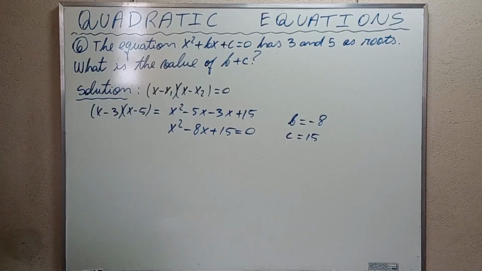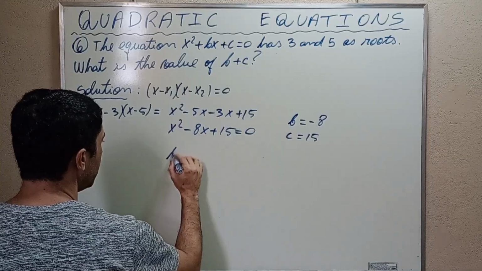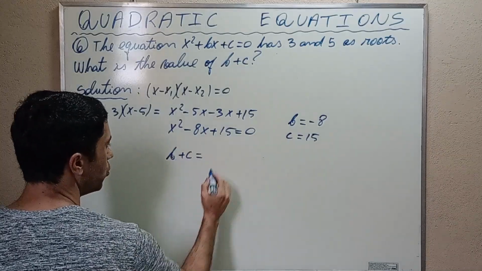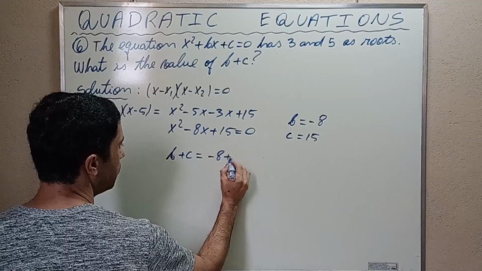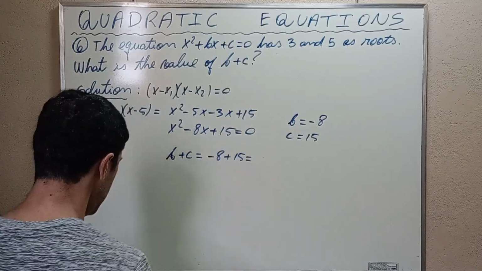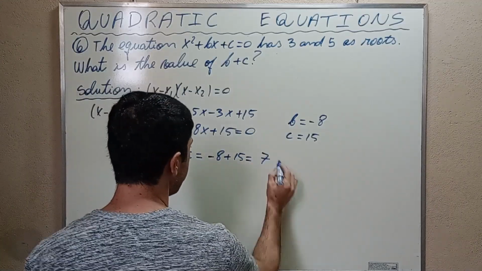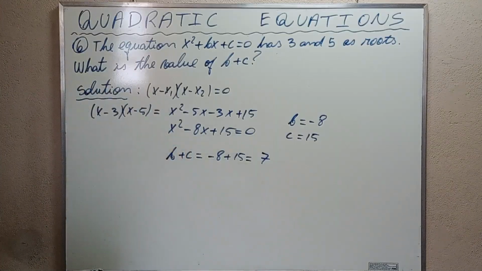The exercise wanted us to calculate b plus c. b plus c is equal to negative 8 plus 15, and this is equal to 7. Okay, my friends, this is the solution of exercise number 6. Let's go to the next.